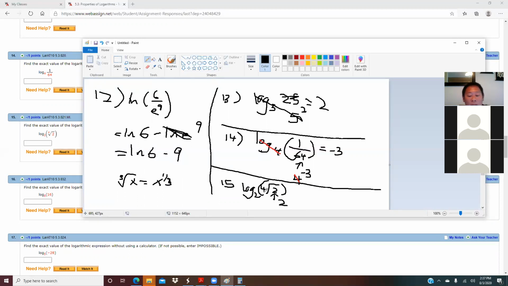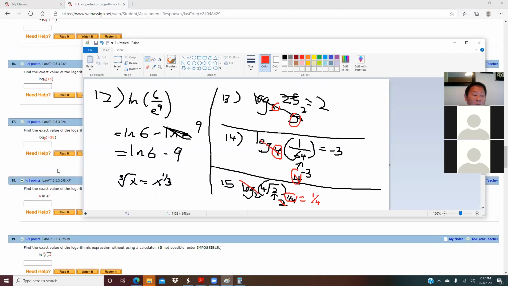So does anyone know what this power is if I say 4th root? Yes, this is power 1/4, because 4th root is 1/4. And what happens to the log 2 and the 2? They will cancel out. So your answer in this case is 1/4. Okay, so what you guys do on this is you try to make your bases look the same so that they will cancel each other out. And then the power will be your answer in this case.